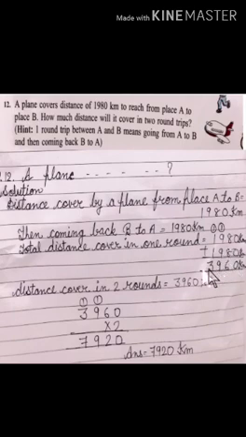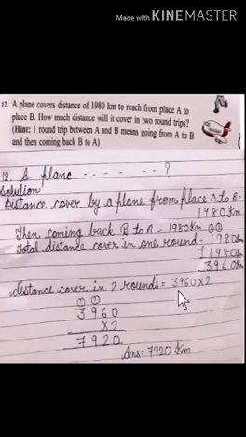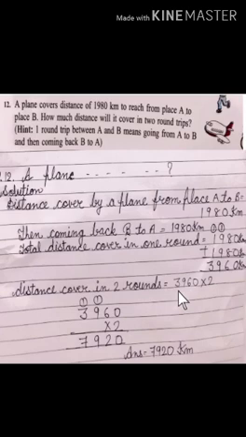Then your answer will be 3960 kilometers. It means in one round it covered a distance of 3960. Distance covered in 2 rounds: you multiply by 2 and get the answer 7920 kilometers.